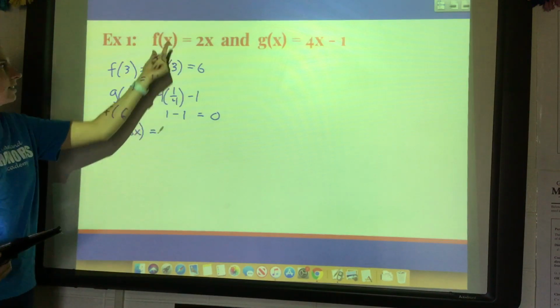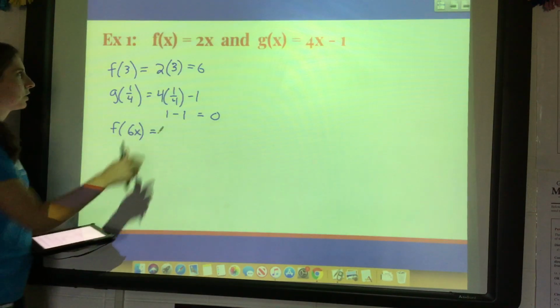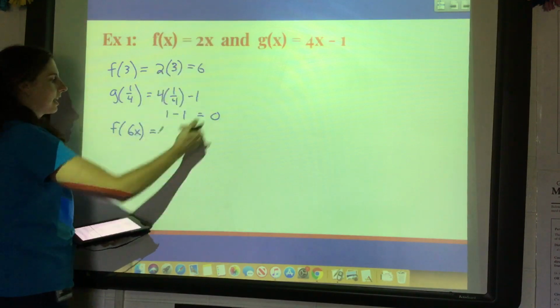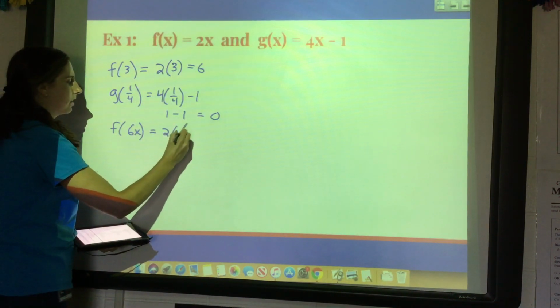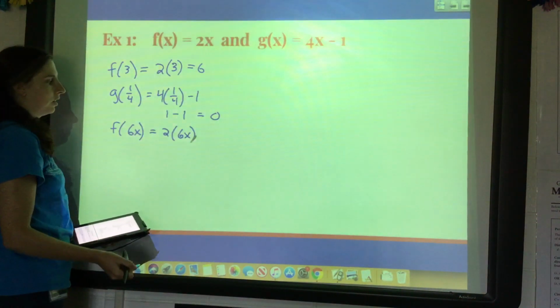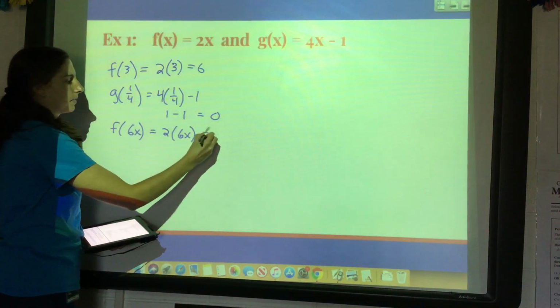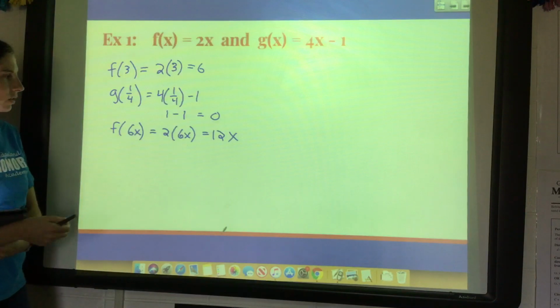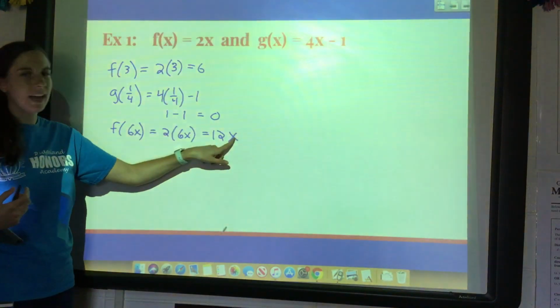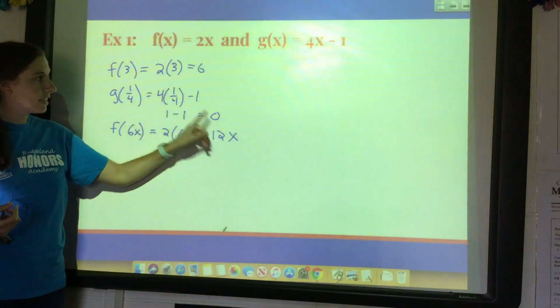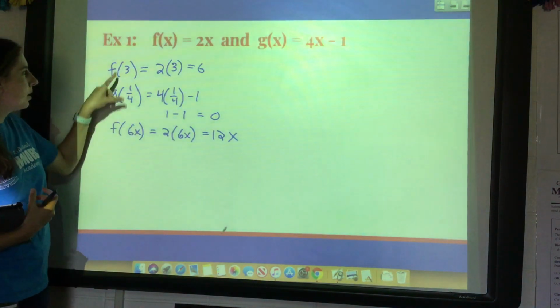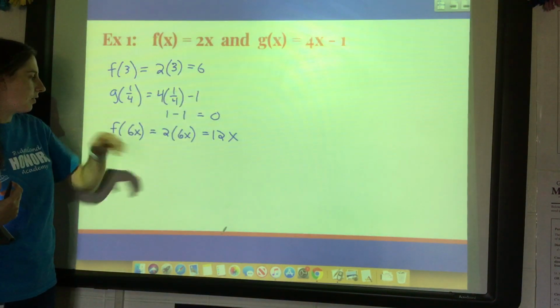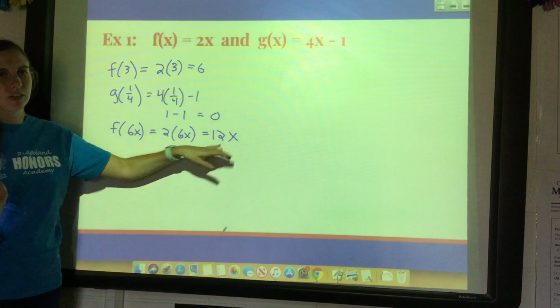So I'm going to do 2 times 6x, which is 12x. That one's a little different because our output actually had an x in it, and that's okay. It doesn't have to be a number. If you put numbers in, you usually get numbers out, and if you put variables in, you often get variables out.